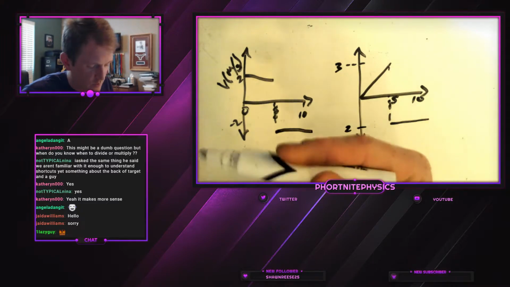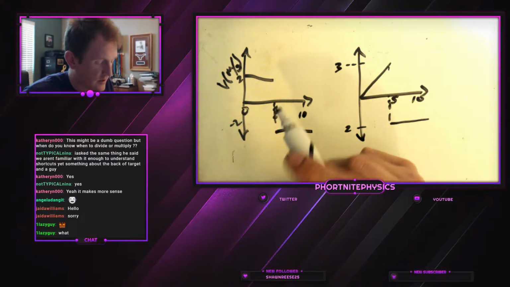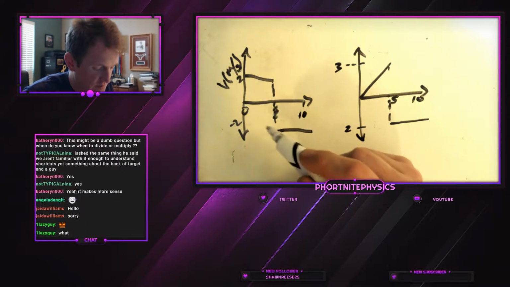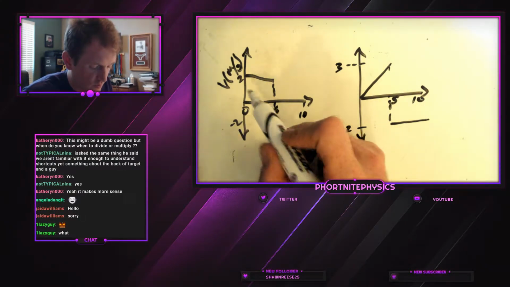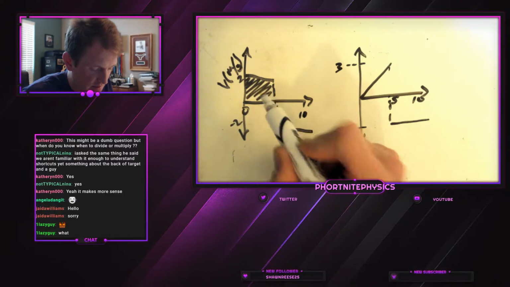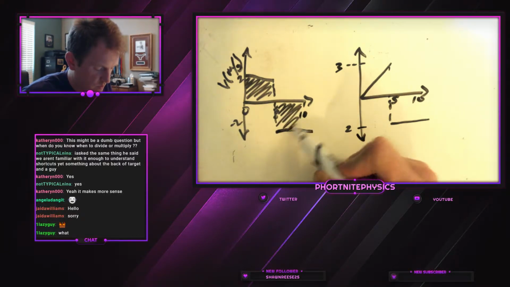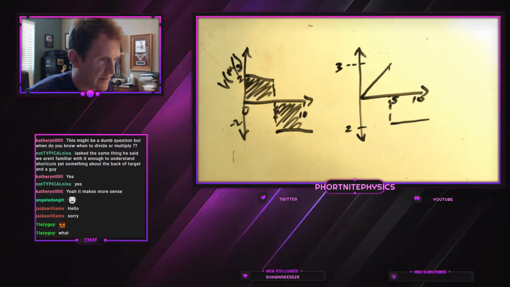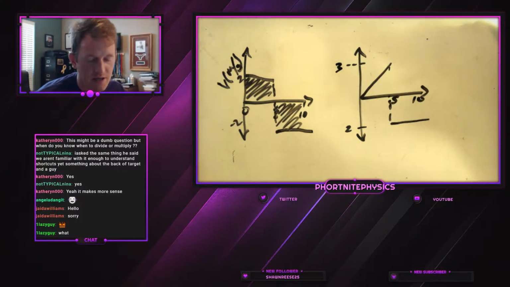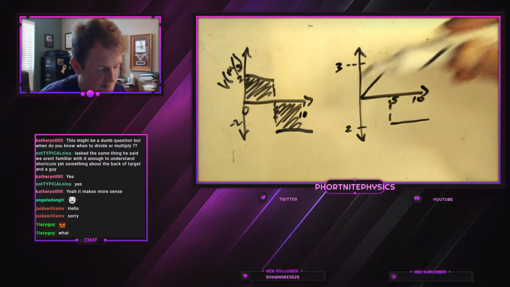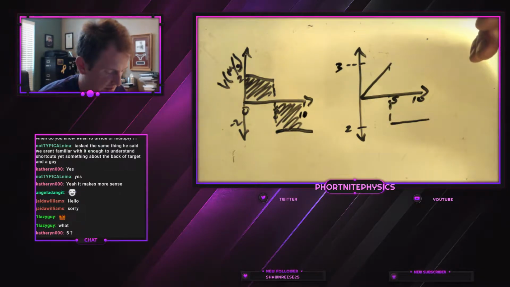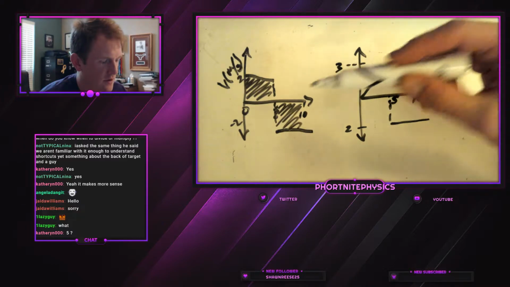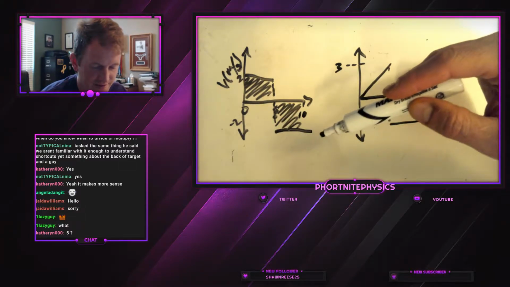So, we're trying to figure out how much displacement is represented by each one of these graphs. The way we do that is by calculating the area between the line and the x-axis. Normally we say area under the curve, but it's not exactly under, especially when we're talking about the negative side of the graphs.